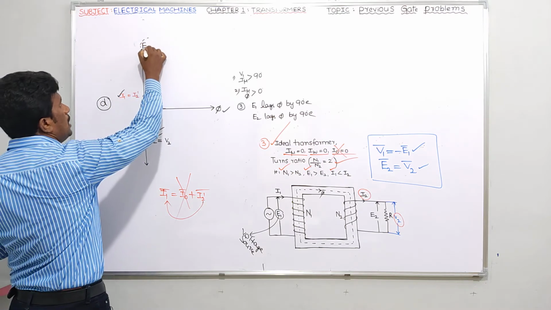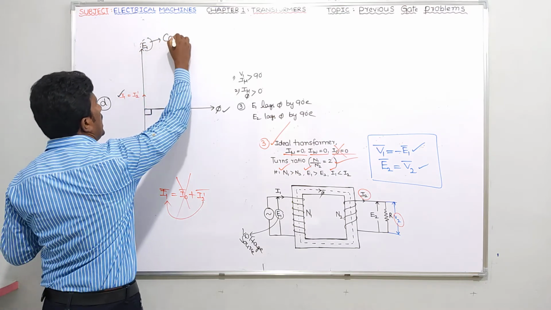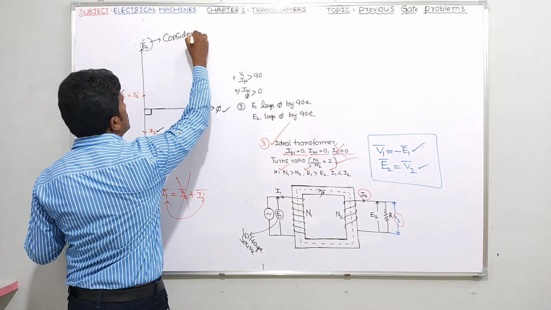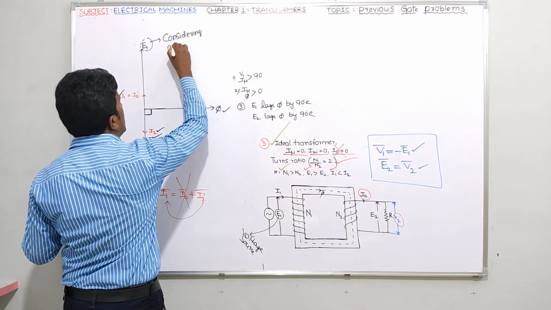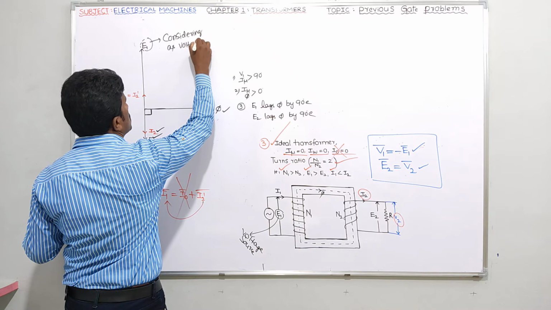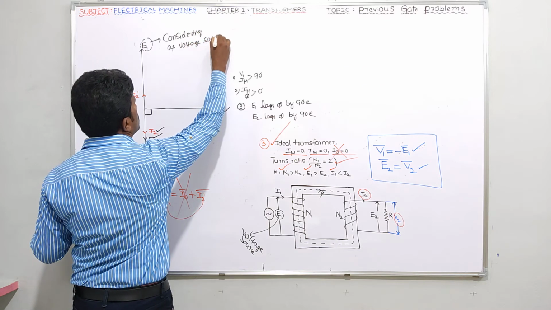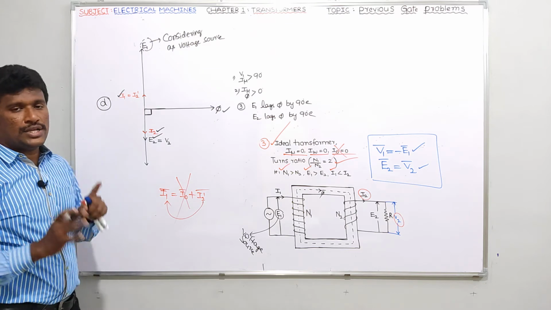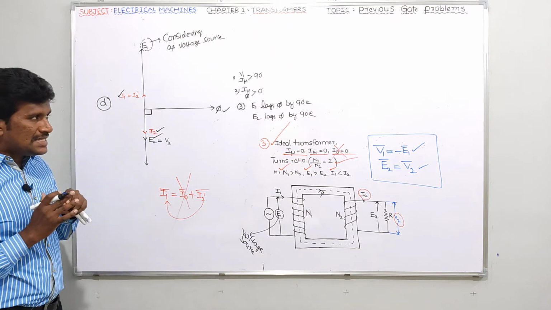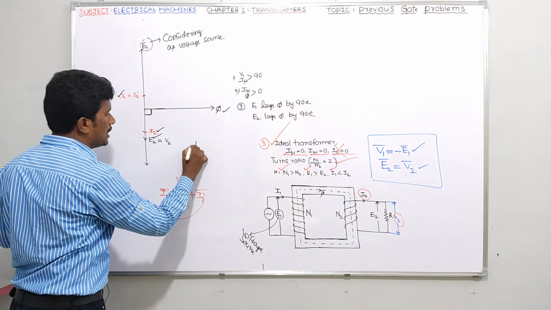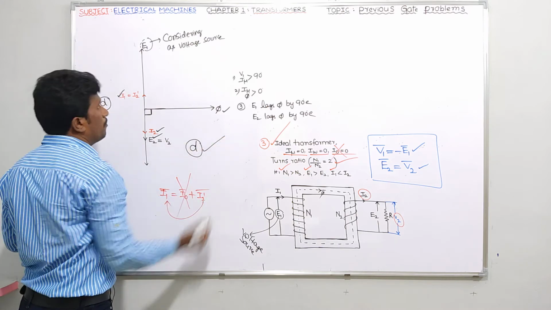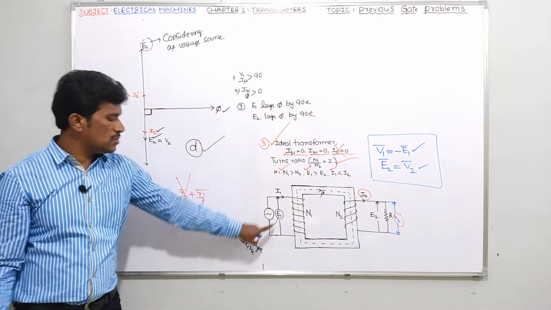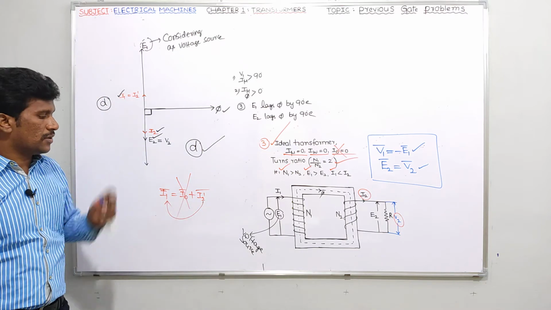So this E1 is considered as a voltage source. Now we can check. Option D is correct for this question by considering your E1 as a voltage source.